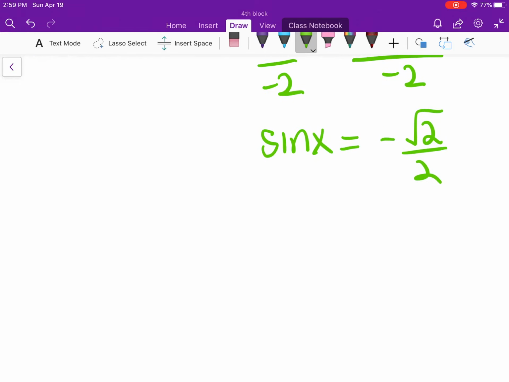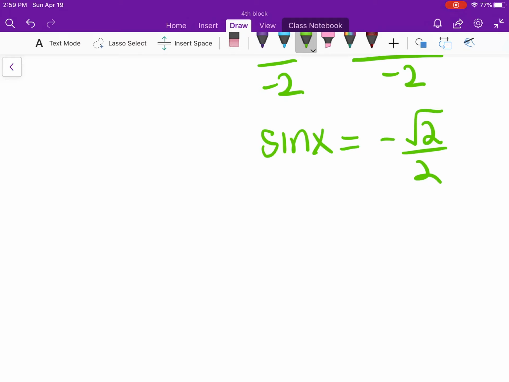Now, x stands for an angle that would make that equation true. So we need to now think about our unit circle, and we want to know what angle would have a sine value of negative radical 2 over 2. You can either reference your unit circle, or if you still have it memorized, you could use your hand trick even. I know that radical 2 over 2 is going to be at one of those pi over 4 angles, but this has a sine value that's negative.